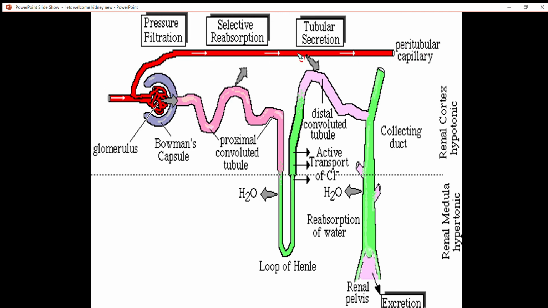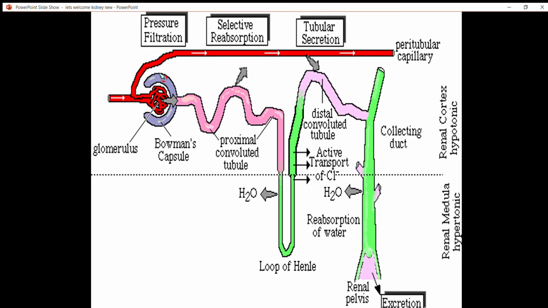We will see all these things step by step, and you will see that surrounding this glomerulus we have got a cup-shaped structure, just like making a fist over it. So the glomerulus is covered from all sides by the Bowman capsule.